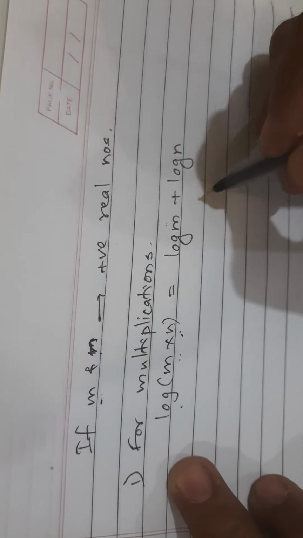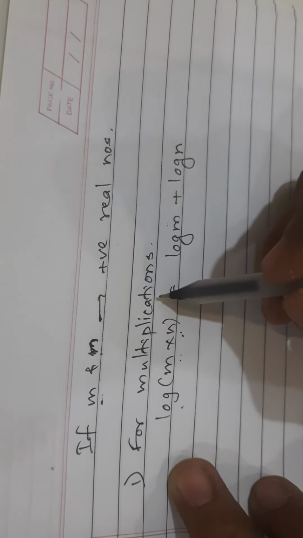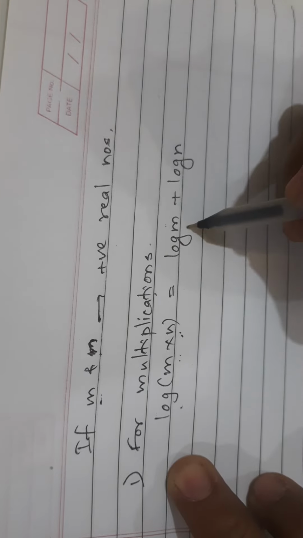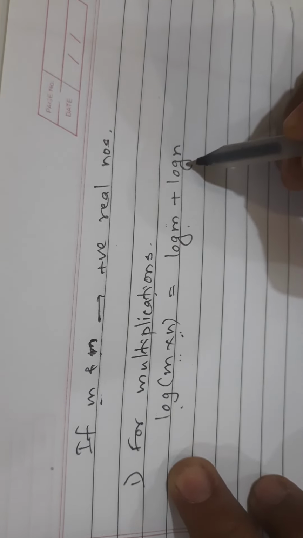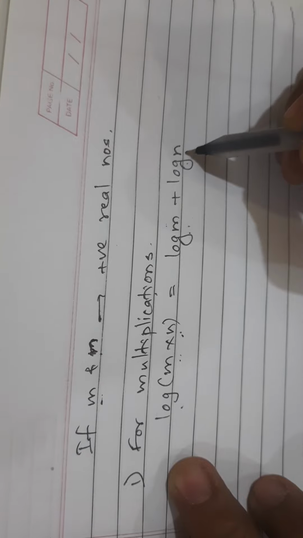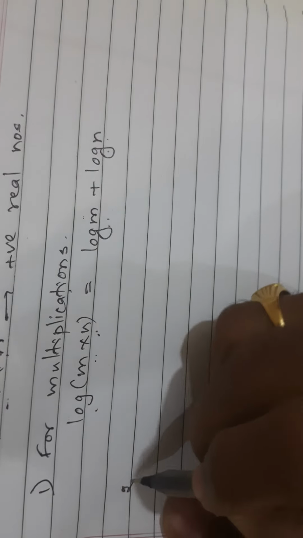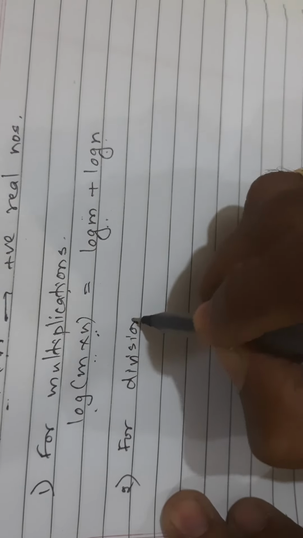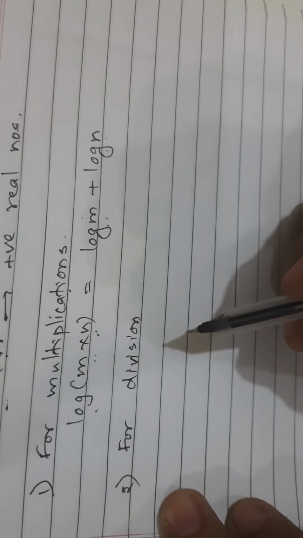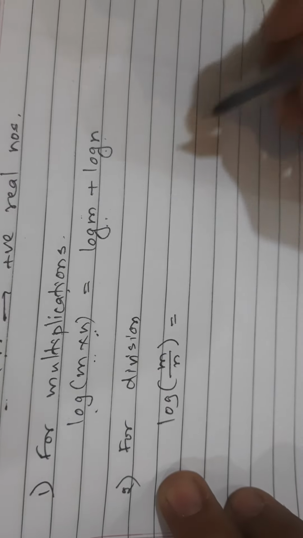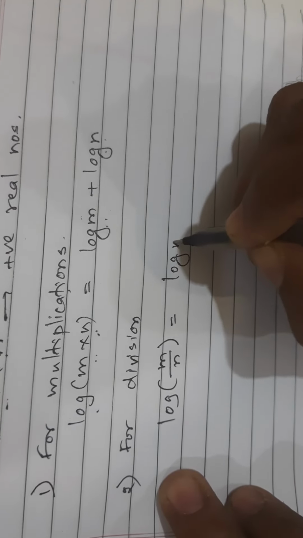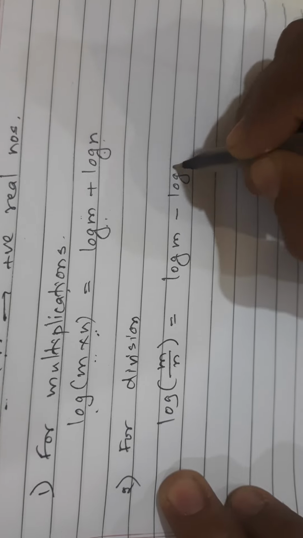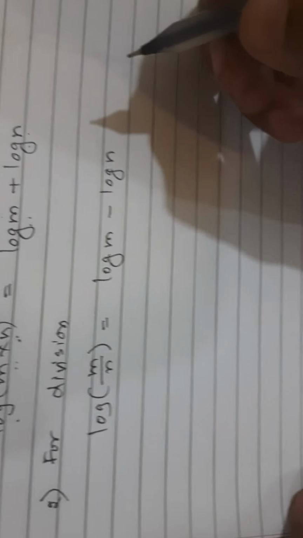If there is a multiplication, then there is addition of both logs. Second, for division: if we take m divided by n, then log of m divided by n, according to the rule, we can write as log of m minus log of n. There is a subtraction of both logs.